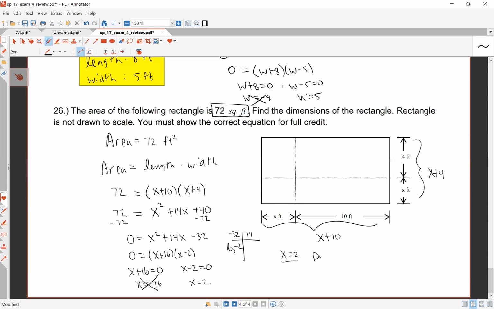So the dimensions of my rectangle then are x plus 10 by x plus 4. 2 plus 10 is 12. 2 plus 4 is 6. 12 feet by 6 feet gives me 72 square feet.